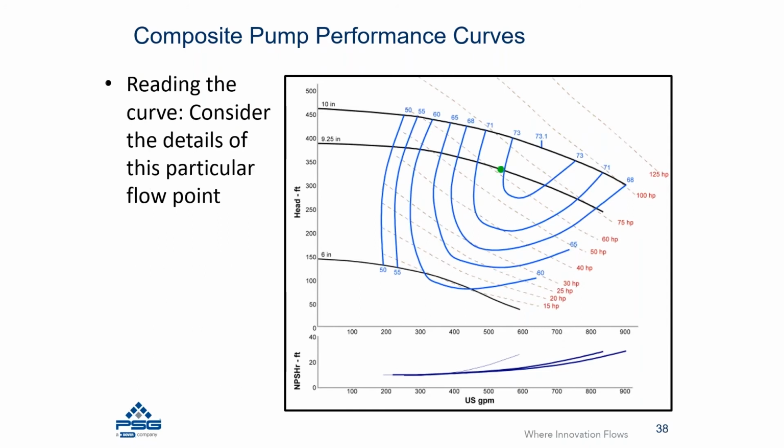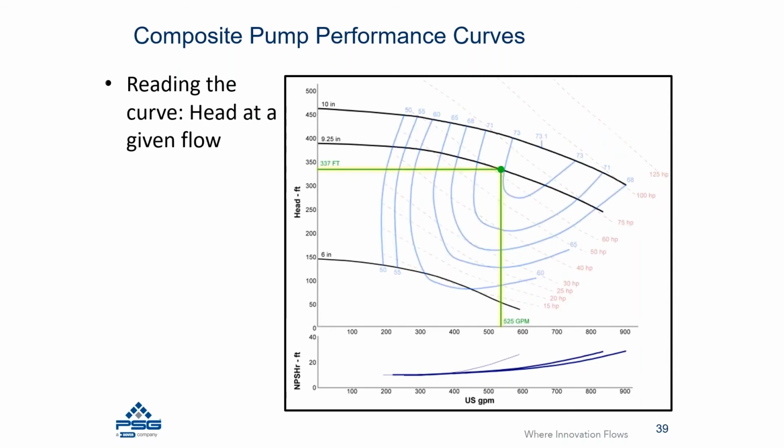So let's go into how do you read this when you're looking at a composite performance curve. And here we've added a dot in the curve to represent the condition of service that we want to understand how the pump is going to perform. So in this particular situation, from that dot, you're going to do a vertical and horizontal line. The vertical line will go down to the flow axis, and in this example, the vertical line will hit the flow axis at 525 gallons per minute.